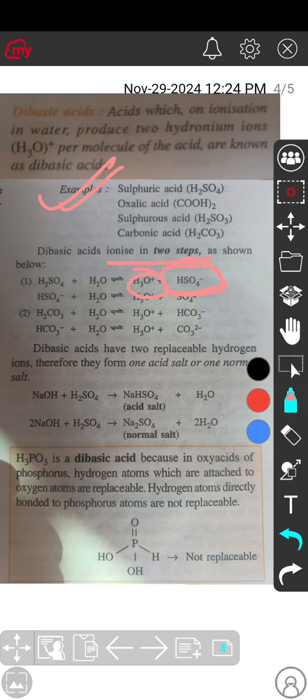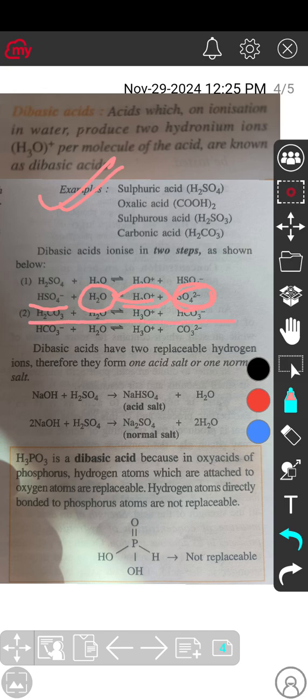In the first step, only one hydrogen is used, so the molecule ionizes to form HSO4 minus, and H3O plus is liberated. Now, in the second step, HSO4 minus again reacts with H2O. It gives H3O plus and SO4 2 minus is left.